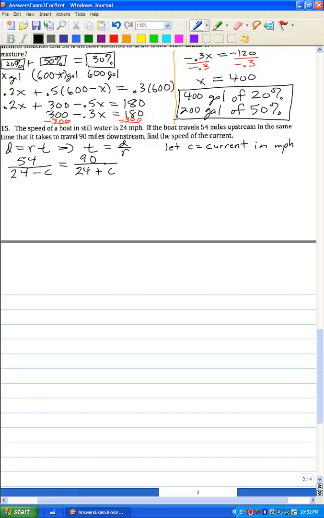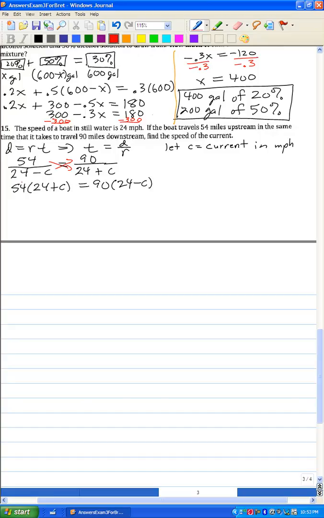And so let's solve this. Let's cross multiply. Let me do it this way. Let me do 54 times 24 plus c is equal to 90 times 24 minus c.